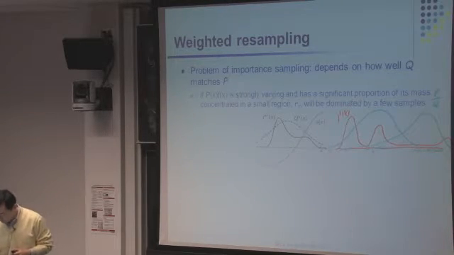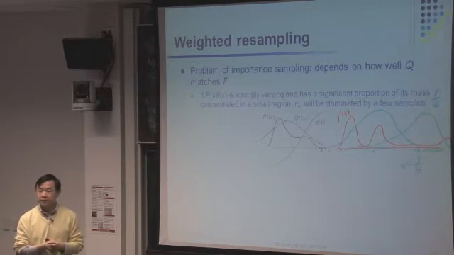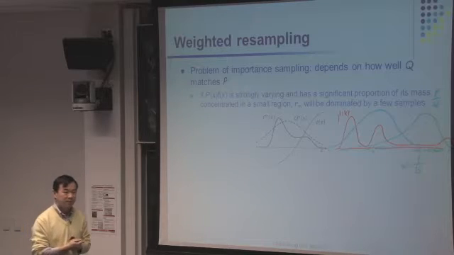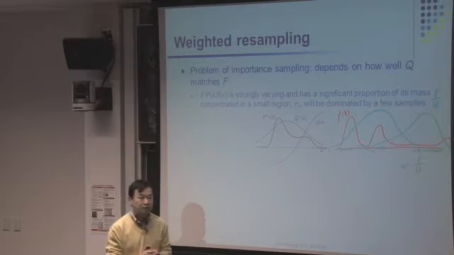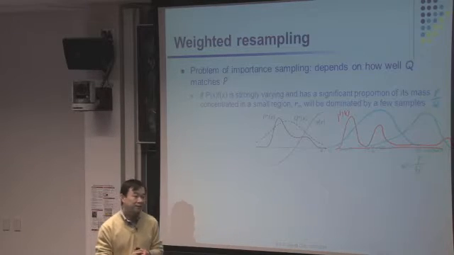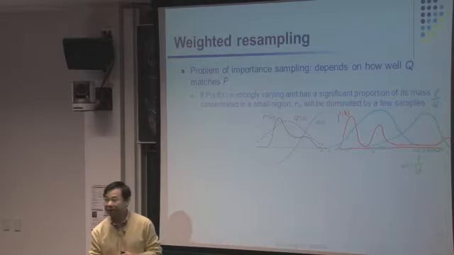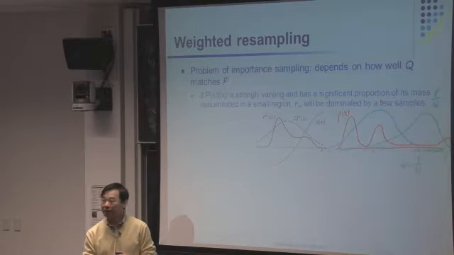We're going to still compute P over Q for the weights, or maybe even normalize it. What do we get? Most of the points are not qualified. Well, what do you mean by not qualified? We get a lot of samples with very high weights. Yeah. With very low weights.